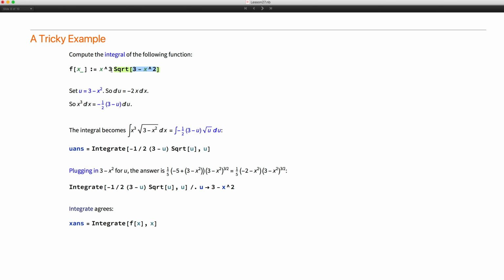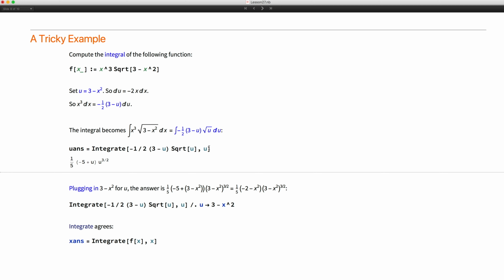Now there's a problem. You need to rewrite the x cubed carefully as the 2x bit, the negative 2x bit from here, and the part that's left over, which is x squared, but x squared is just 3 minus u. That's how I get the part over here. So the integral becomes negative 1/2 times 3 minus u times square root of u. You integrate that.